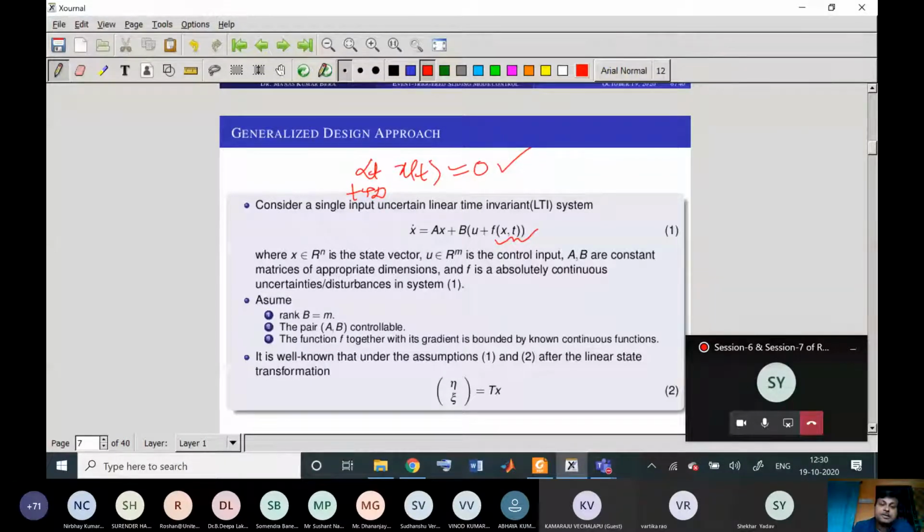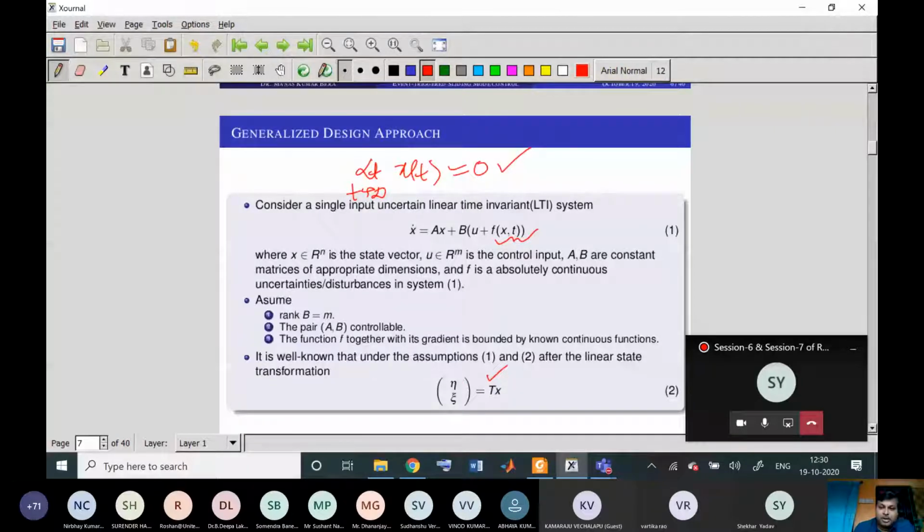So to do that, we want to represent the system 1 in the coordinates of eta and zeta. We want to take the help of a transformation matrix T, such that we can represent the system in the coordinates of eta and zeta, and it is a special system representation which is known as the regular form.